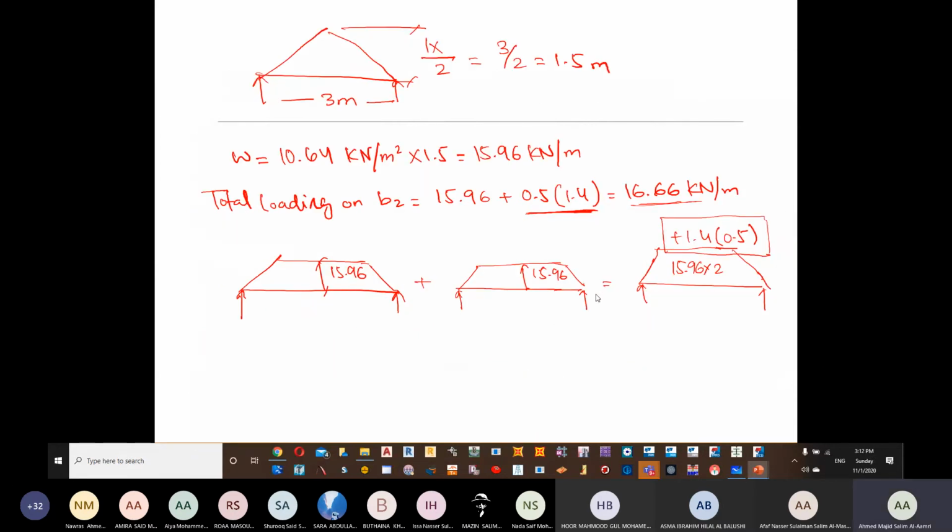Whatever the value is, values do not matter a lot for me. As long as you understood, you can get the values. Are we clear?